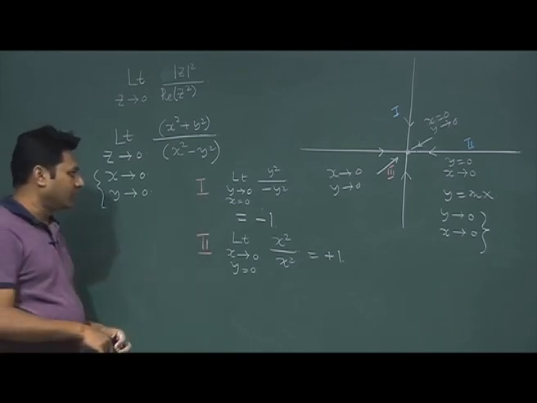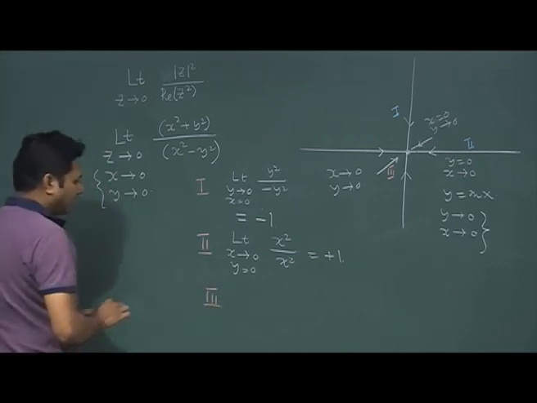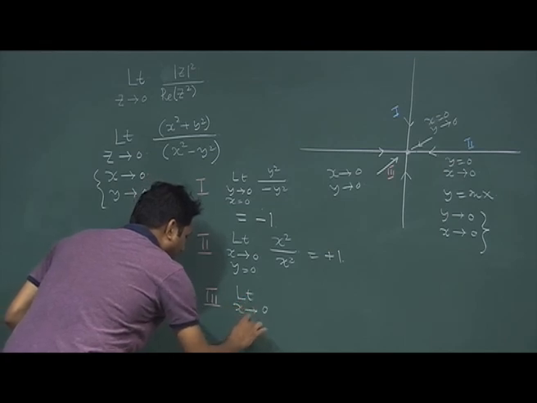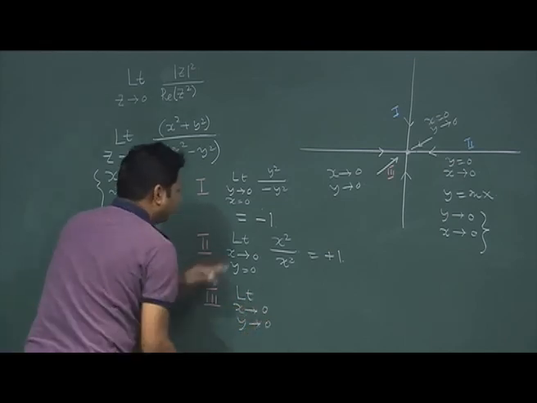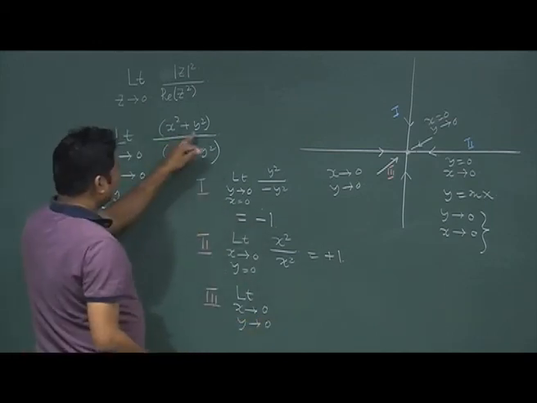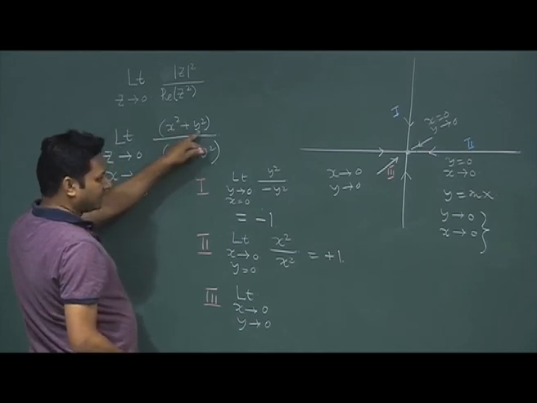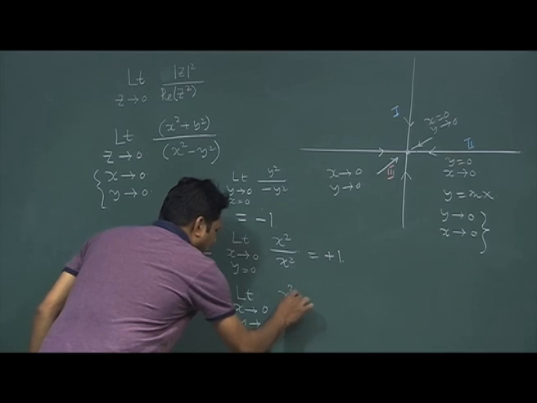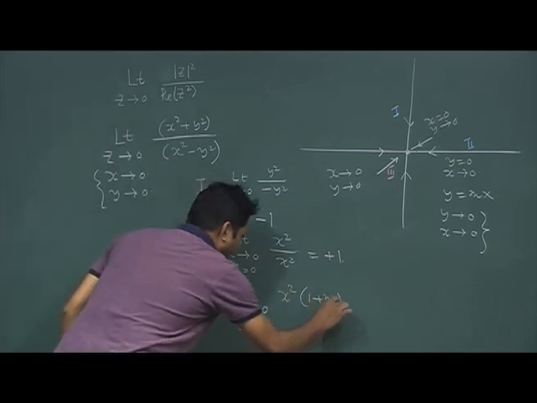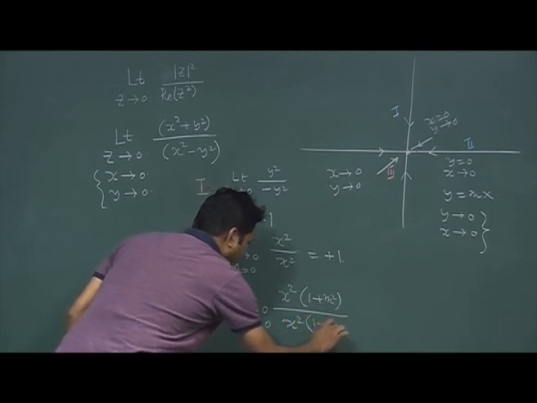From here I can conclude, but interestingly in case 3 you will find something again. Here both x tends to 0, y tends to 0, and if I put the relationship y equal to mx, then it will be x square plus 1 plus m square, and in the denominator x square times 1 minus m square.